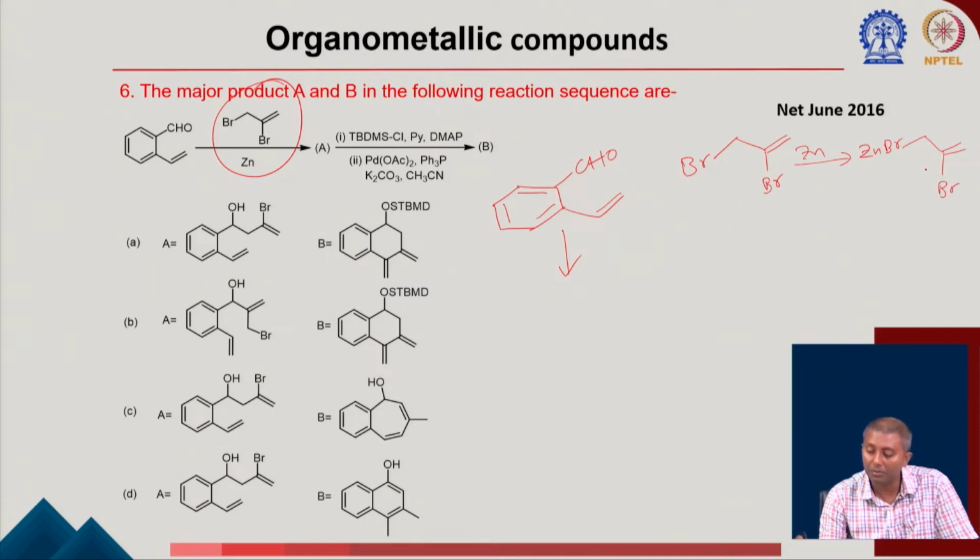Now once you have this corresponding zinc bromide, and if you treat with a corresponding aldehyde, remember this can go for a Barbier reaction, and this will allow you to generate the corresponding O minus.